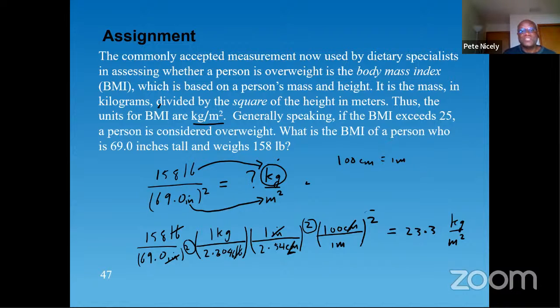Okay, and of course you have to make sure that you round off your answer to the lowest number of sig figs, which in this case would be 3 sig figs because you have 3 sig figs here. You have 3 sig figs here.